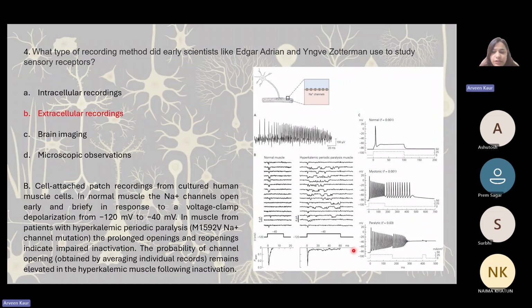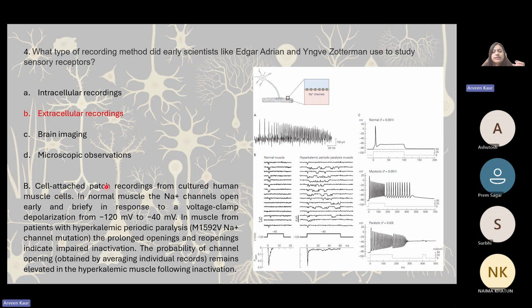Then this part, if we talk about it, it is a cell patch recording. Once we have gone through extracellular recording, let us understand a little bit more about the recording methods and what the output of these methods is. When we talk about cell patch recordings from a cultured human muscle cell, what was done over here?